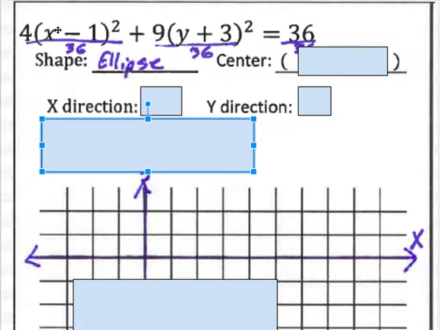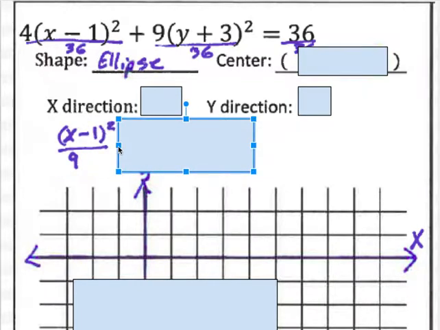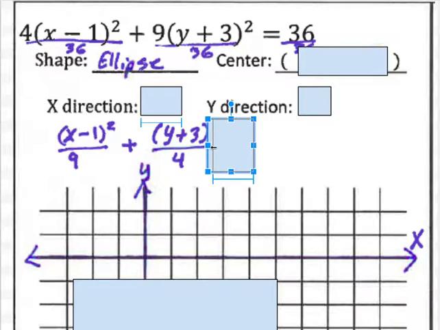And so when we divide our 4 times x minus 1 squared by 36, we are going to get x minus 1 squared divided by 9, and then when I divide this term by 36, we get y plus 3 squared divided by 4, because the 9 and 36 becomes 1/4. And then 36 divided by 36 is 1.